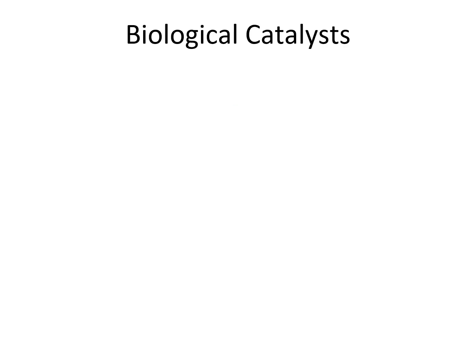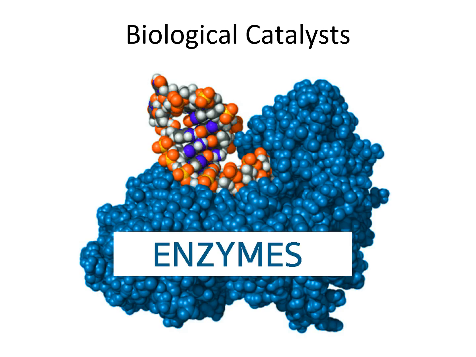Because cells need precise control over thousands of biochemical reactions every minute, they use biological catalysts to control their reactions. And a catalyst is something that makes the reaction much more likely to occur. And the biological catalysts that cells use are enzymes.